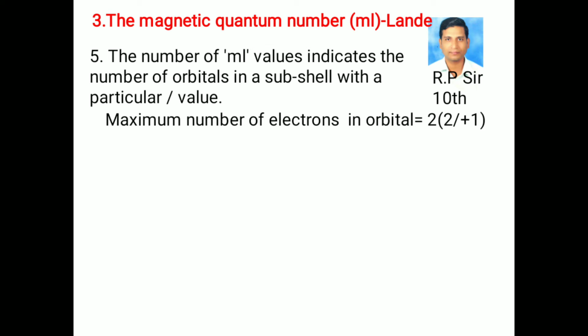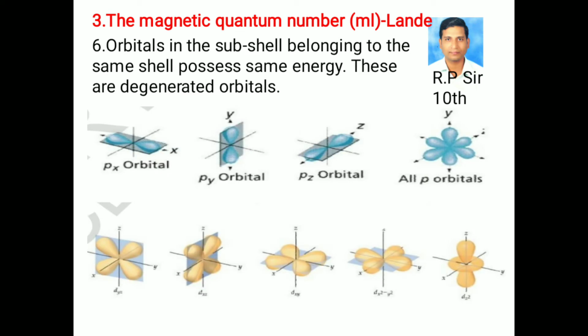The number of ml values indicates the number of orbitals in a subshell with a particular L value. The maximum number of electrons in an orbital subshell is equal to 2 into 2L plus 1. Let us define what are degenerate orbitals.